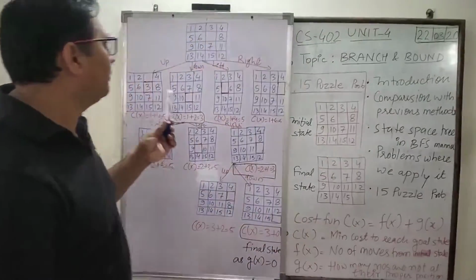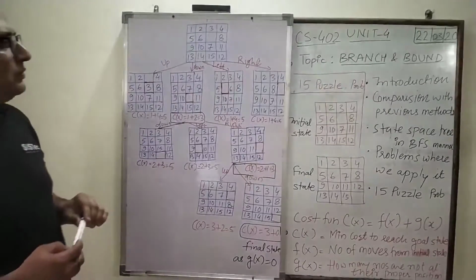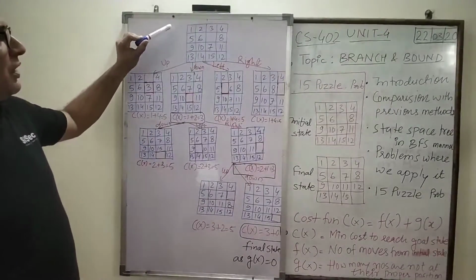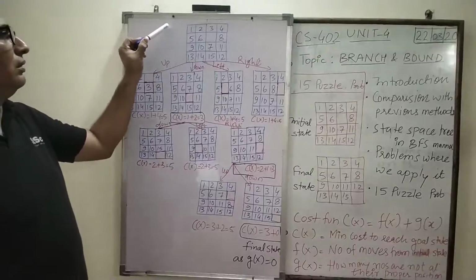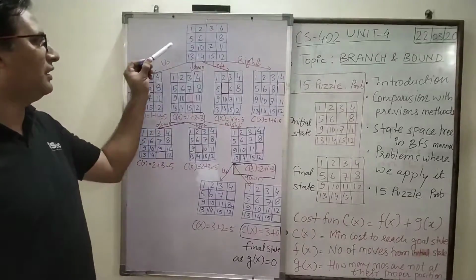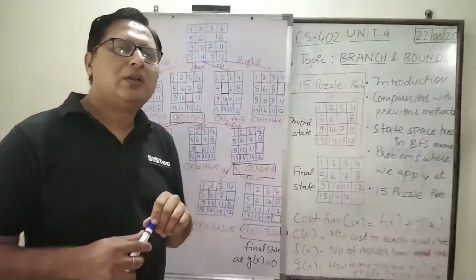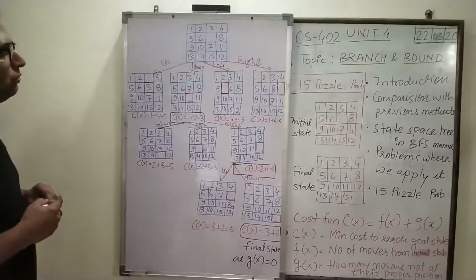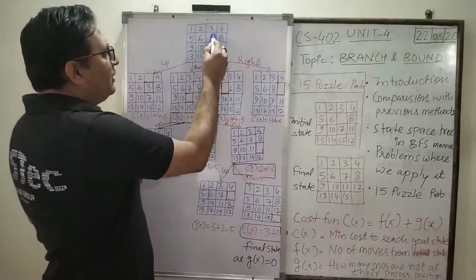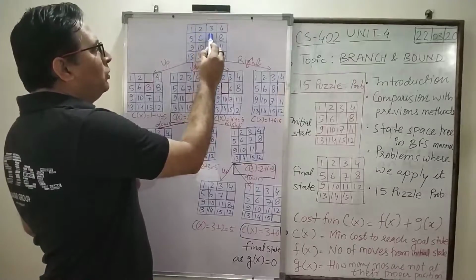Now we will consider one problem based on this. The initial state of the numbers will be like this on the 4x4 board. For this empty block, we will have 4 possibilities.